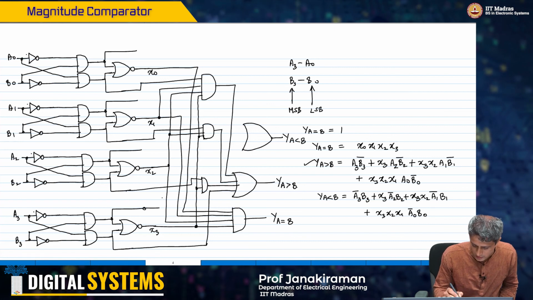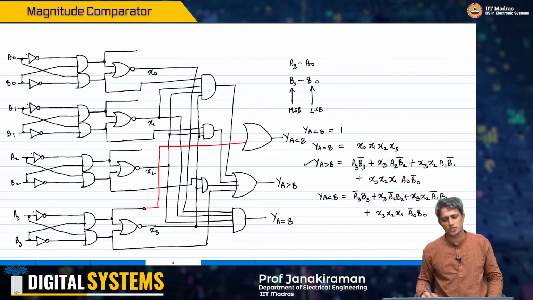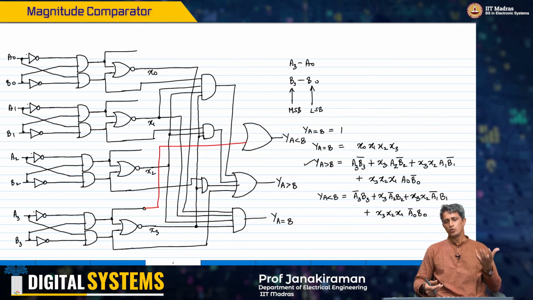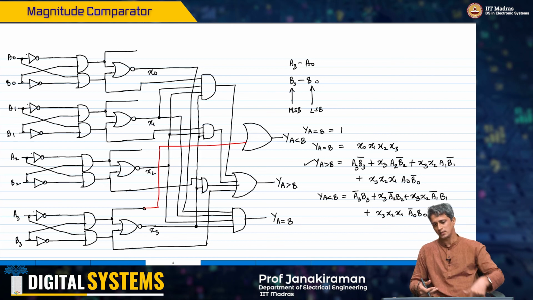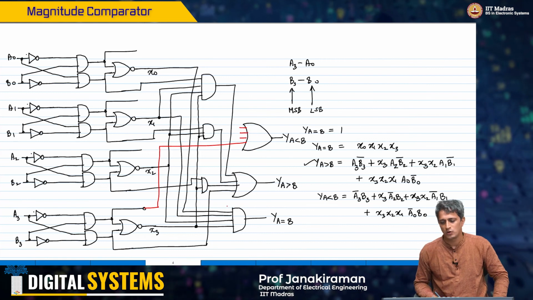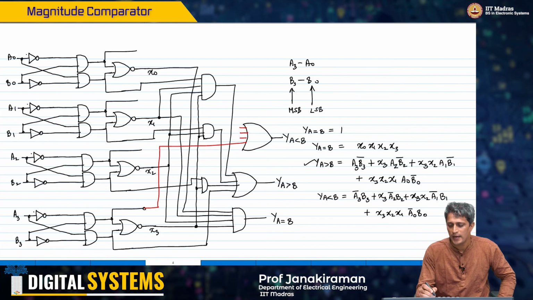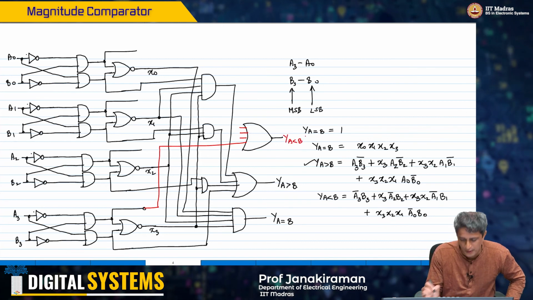So if you look at this, maybe I'll use a different color. Okay, one of the inputs, I leave it as an exercise to the viewer to figure out how to implement the remaining 3 inputs to this 4 input OR gate. This is the 4 input, 1, 2, 3, 4, okay. So there you will get Y of A less than B.